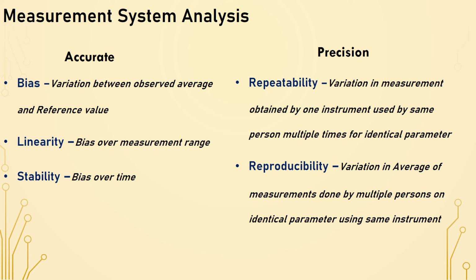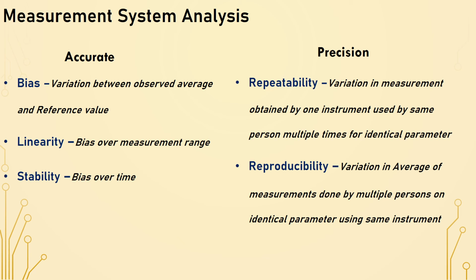Bias is the variation between the observed average and the reference value. Say 5 mm is your reference value, you take 10 readings using an instrument, and the average is coming at 5.2. That means 0.2 mm variation, which is called the bias of that particular instrument. The second one is linearity.